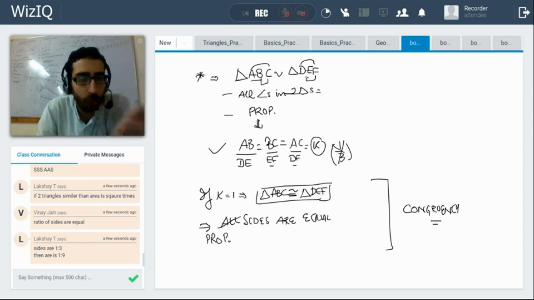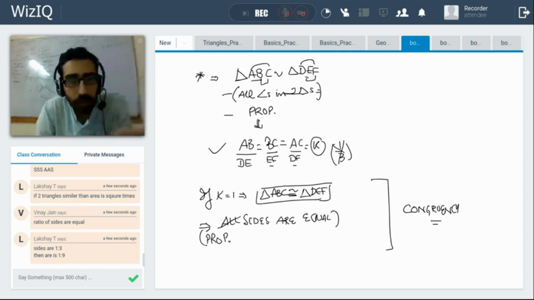If you want to prove congruency, then this is all you need to do. Prove that proportional sides are equal, because that's the essence of congruency. And of course, we've already covered similarity means equal angles. So if you have already proved similarity, you only need to prove for one pair of proportional sides.